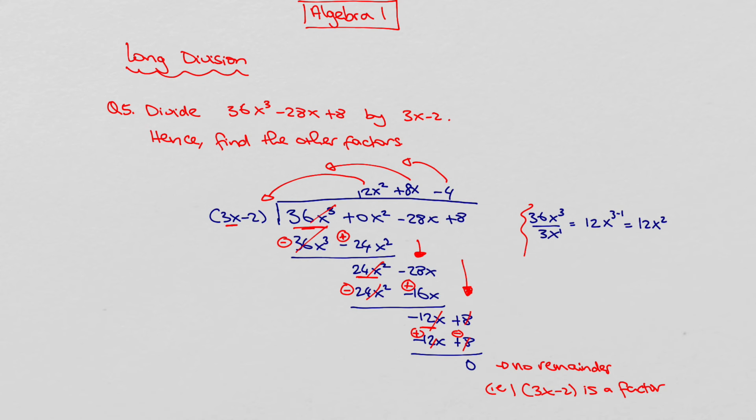So if that's a factor, that means the product of 3x minus 2 times 12x squared plus 8x minus 4 multiplies back out to give us the cubic. So we take that quadratic, 12x squared plus 8x minus 4, and I'm going to factorize that.